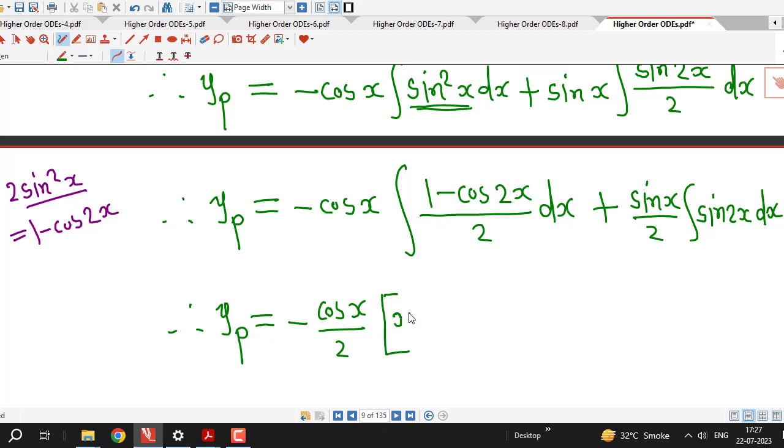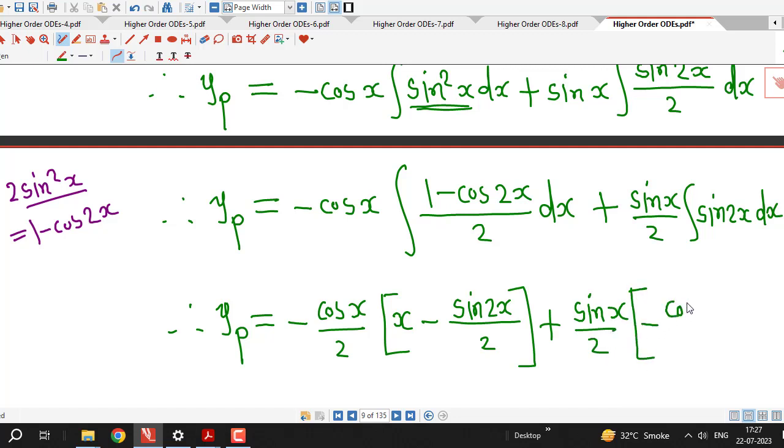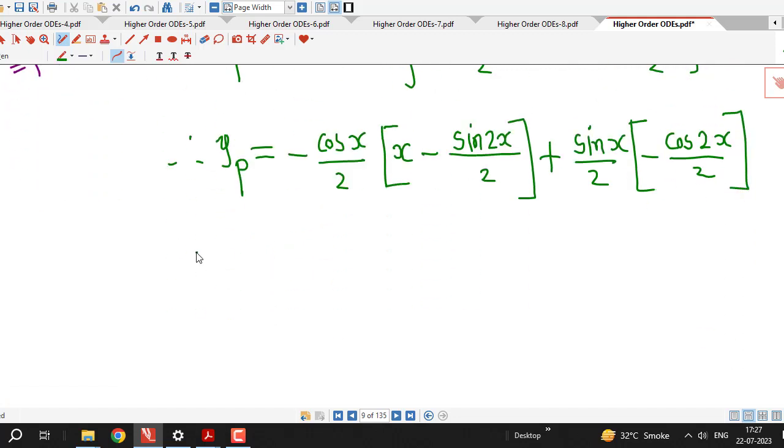Integral of 1 with respect to x is x, minus integral of cos 2x is sin 2x divided by 2, plus sin x divided by 2. Integral of sin 2x is minus cos 2x divided by 2. Now rest of the things are nothing but simplification of all these terms.